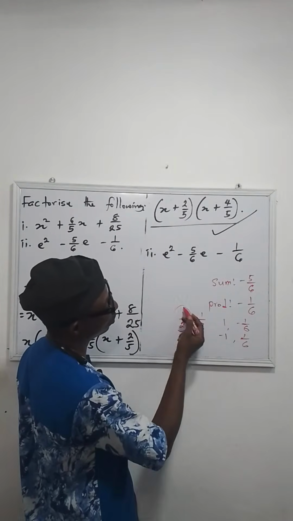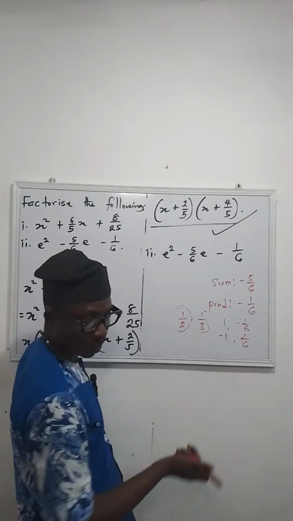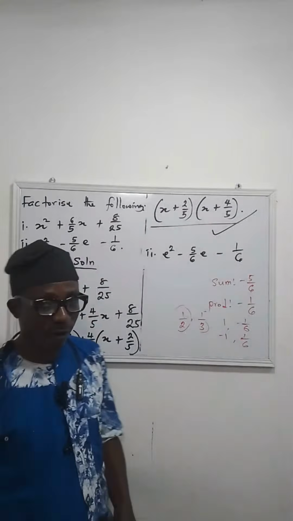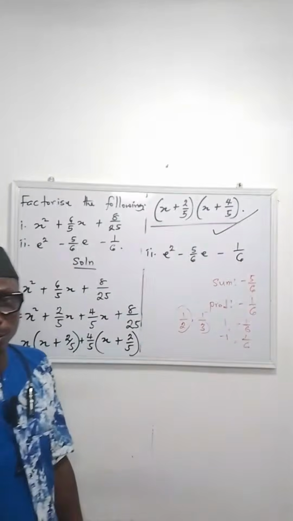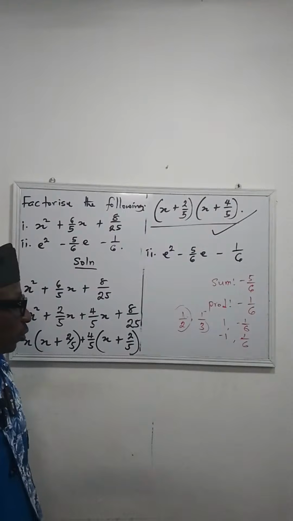But obviously the first and last will not work for me, so I won't consider those, because while I'm writing those numbers out, I'm also looking at my sum. I'll look for the one that is going to suit me.